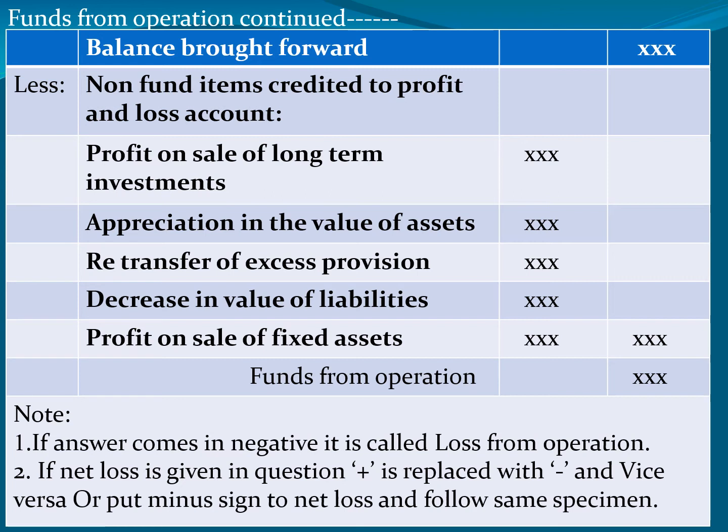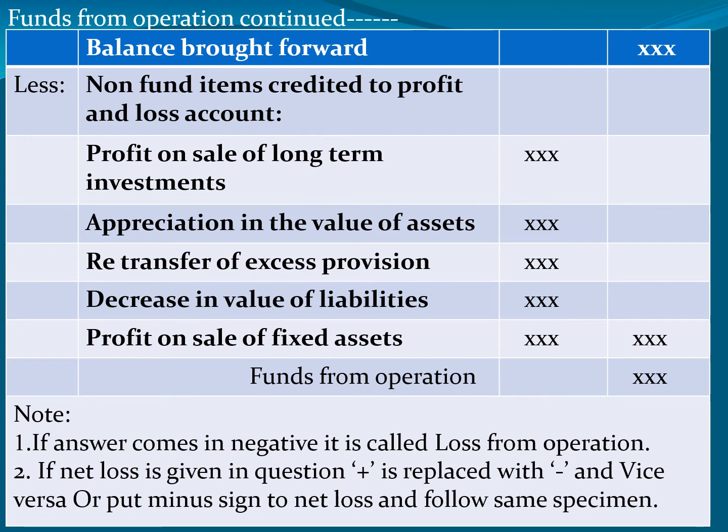Interchange add and less. Or another option is given: loss is there, put the sign minus over there. Minus, then you have to add it. So minus, and you are adding that adjustment, less is there. Then lastly you'll get the funds from operation if it is positive.